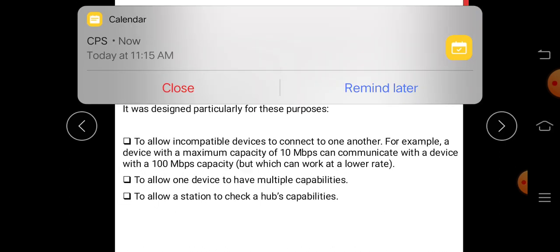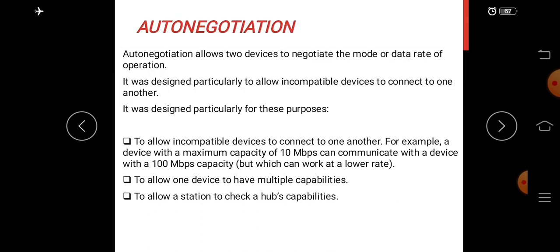Auto negotiation is the new feature which is added into Fast Ethernet. It allows a station or a hub a range of capabilities. That is, auto negotiation allows 2 devices to negotiate the mode or data rate of operation. It was designed particularly to allow incompatible devices to connect with one another.